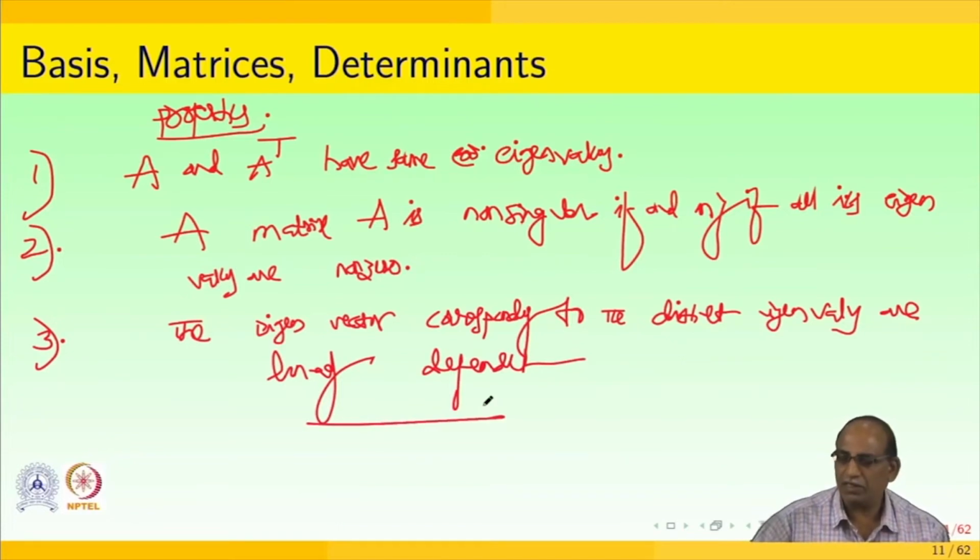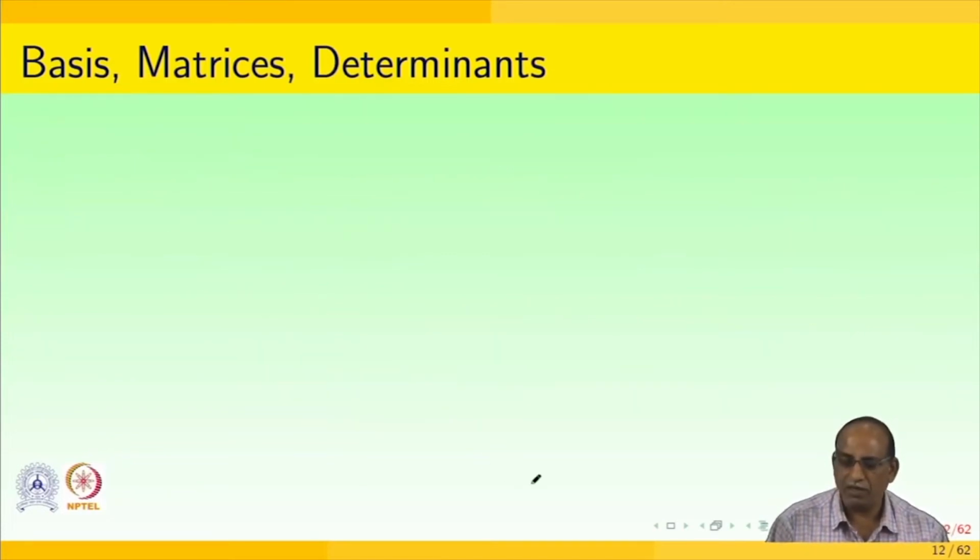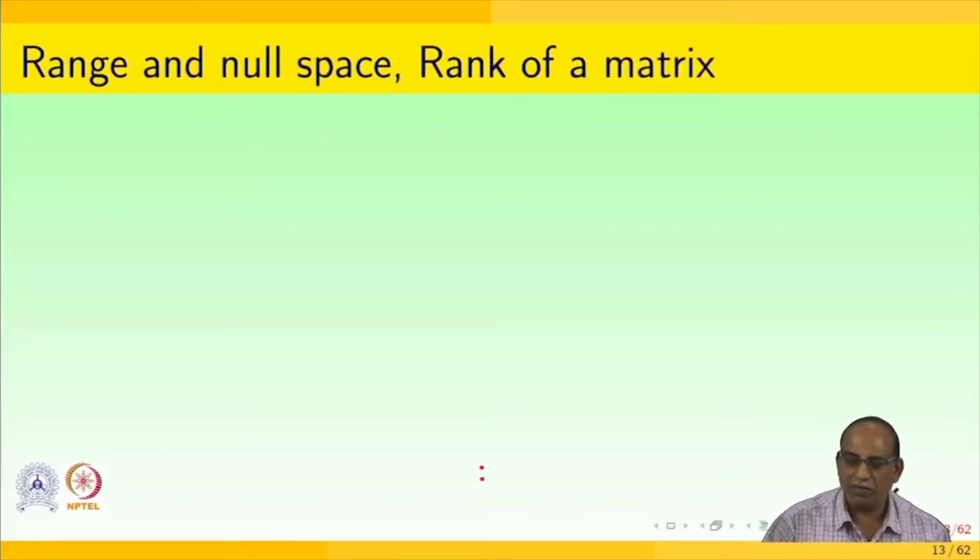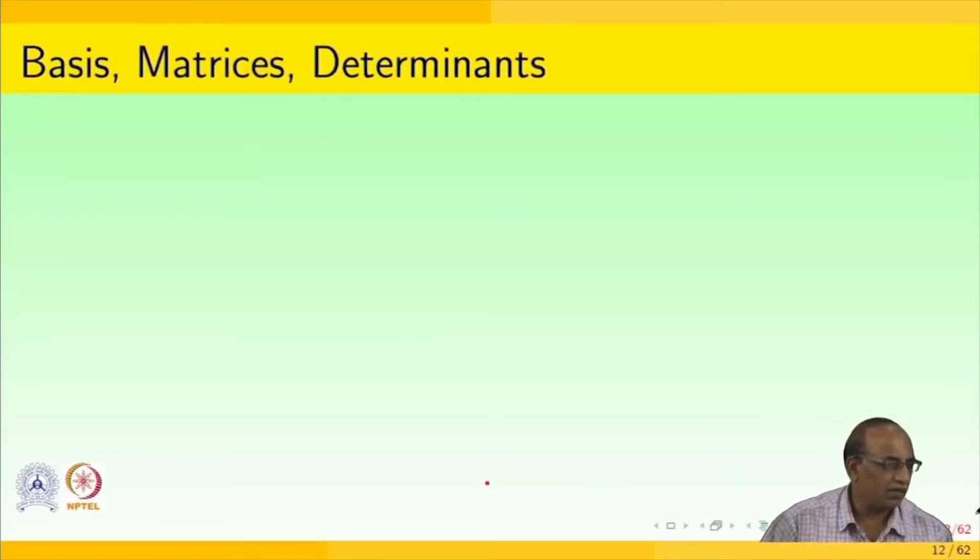So these are some of the basic properties of matrices. Then there are some very important properties for finding the determinants.